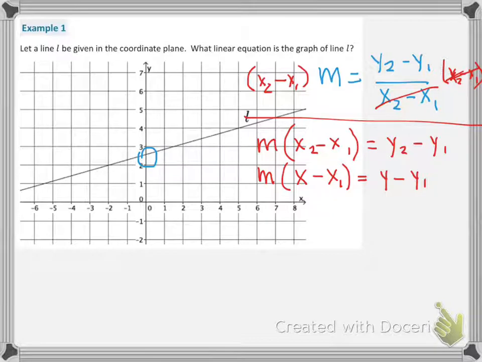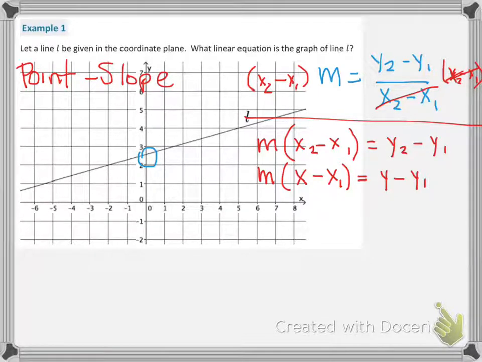And if we use this equation, then all we need is a point, an xy value, an ordered pair, and the slope. So this is called the point slope formula, or point slope form of a line. And all we need is a point and a slope.